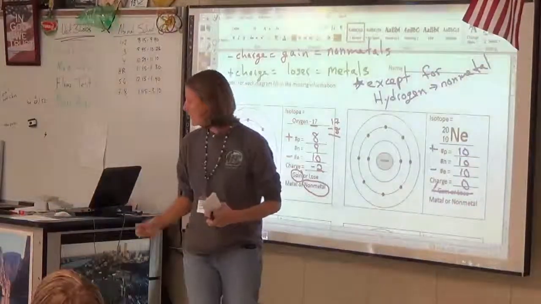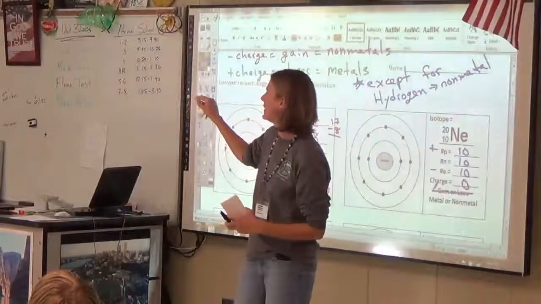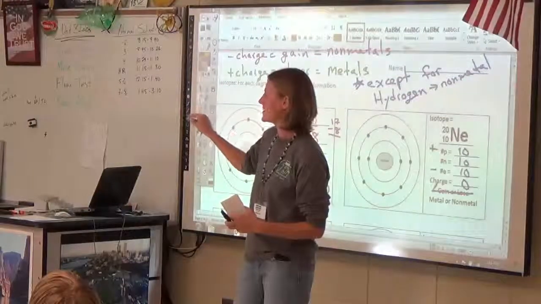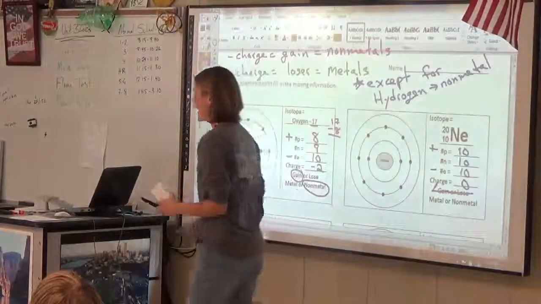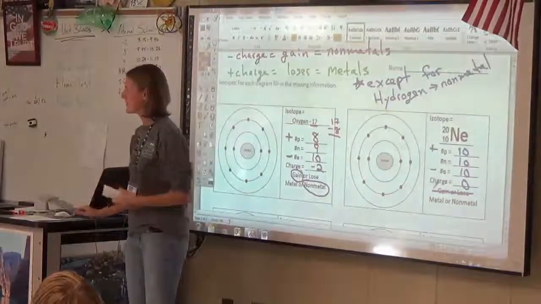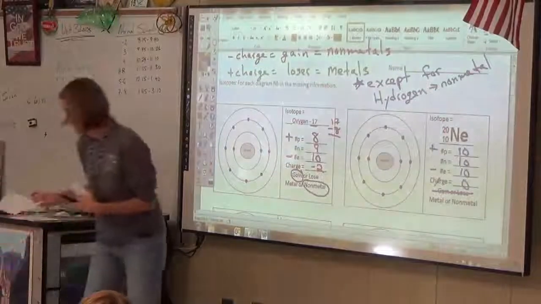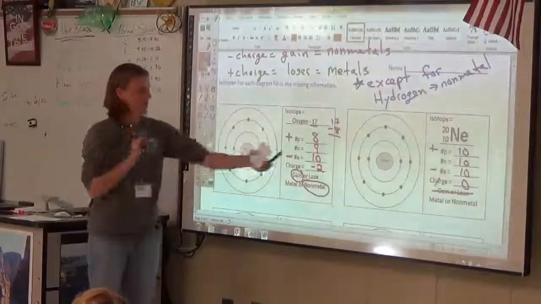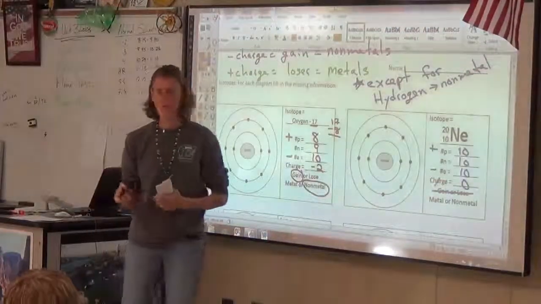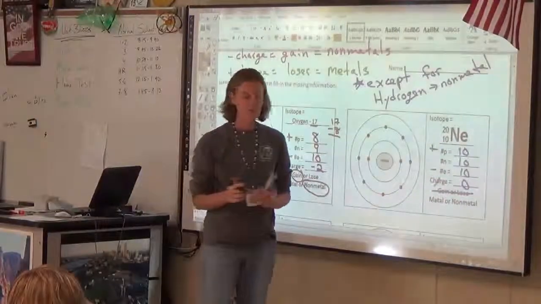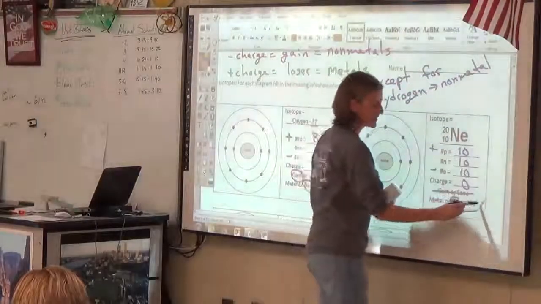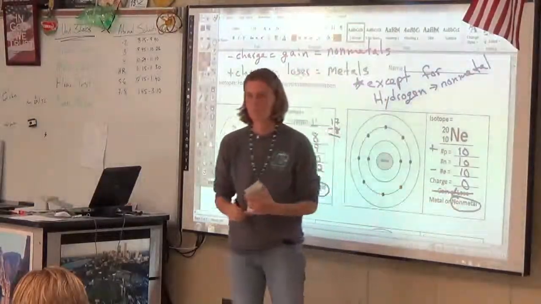Column 18. All of those were already stable, so you'll never have ion forms of those elements. All right, but you can answer the bottom question. Is neon a metal or a non-metal? It's a non-metal. It's in neon signs. It's a gas. It's not a metal.